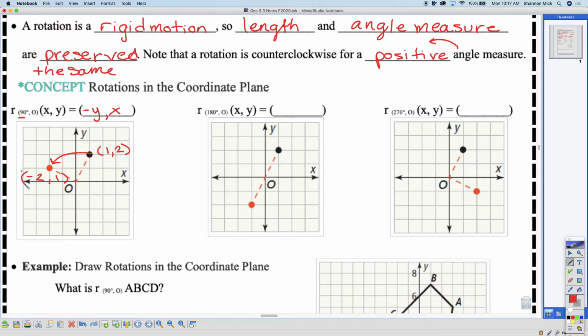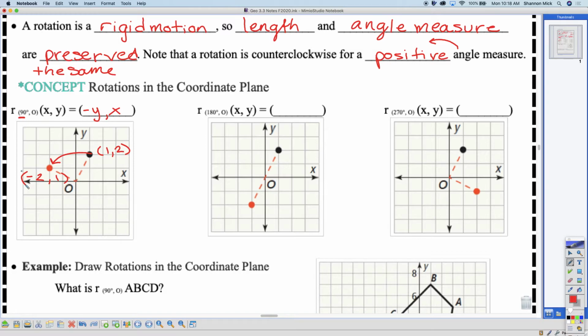I flipped them and changed the sign of the y. That's what happens no matter where you are, because of the signs in the quadrants, they will always do that. That's why I put our picture steps, so we can manipulate. So the answer here would be negative 2, 1. But in the blank, I want negative y, comma, x, because that's the rule always. That's all we have to do. This is gonna be easy.